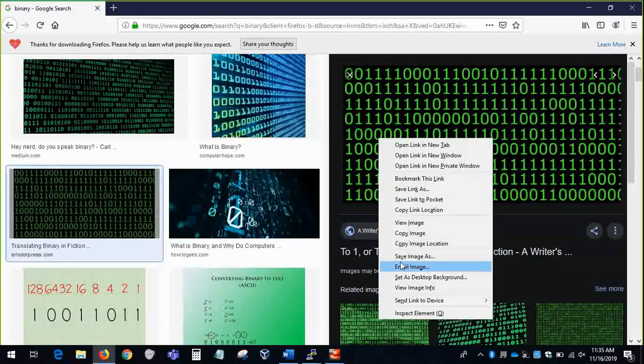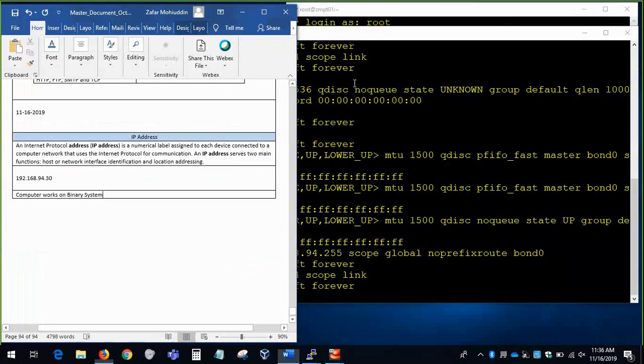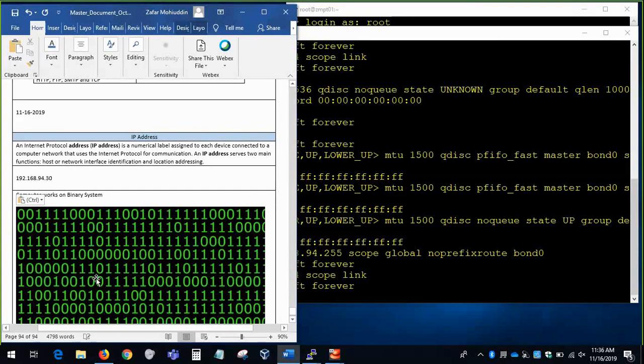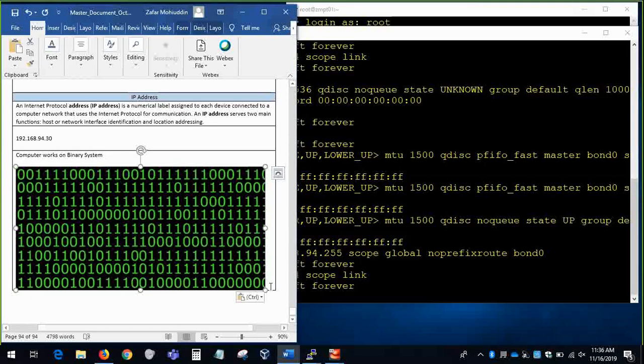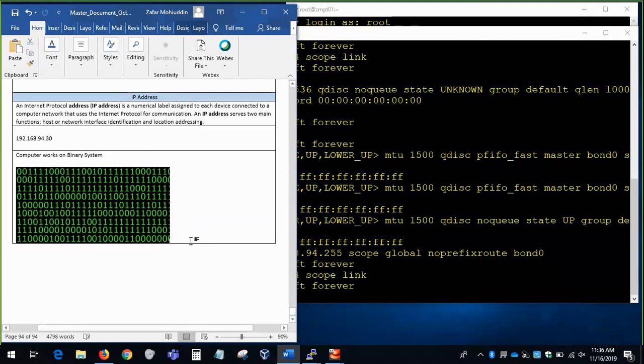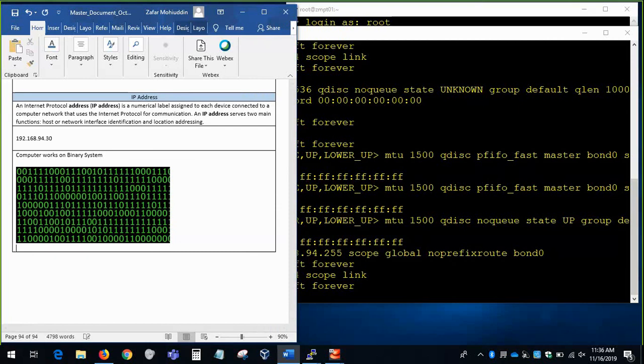So this is how programming works on a granular level. Whatever you're typing in here means something else to the computer, and this is how it's going to decode.